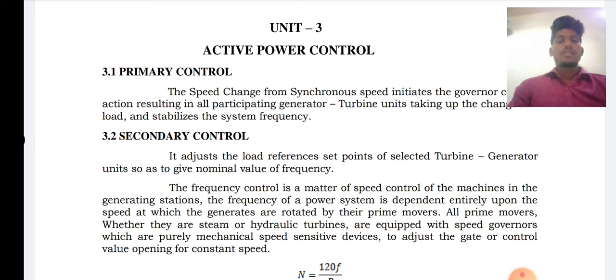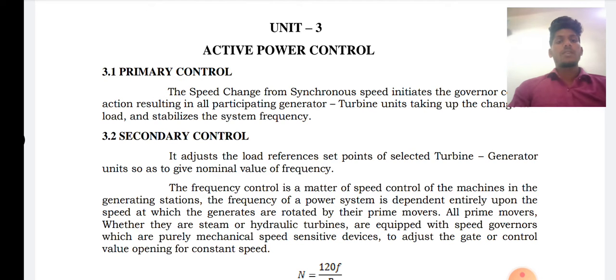The frequency control is a matter of the speed control of the machines in the generating stations. The frequency of a power system is dependent entirely upon the speed at which the generators are rotated by the prime mover.